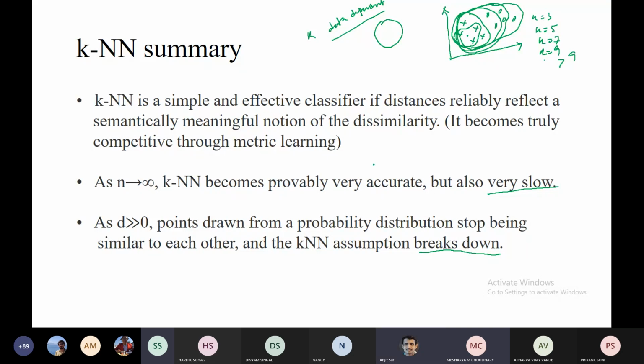Okay. So this is the basic understanding. KNN is a very simple classifier.